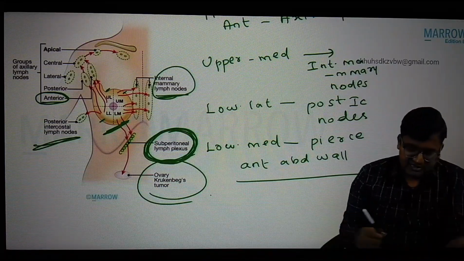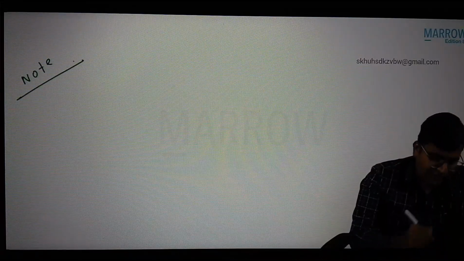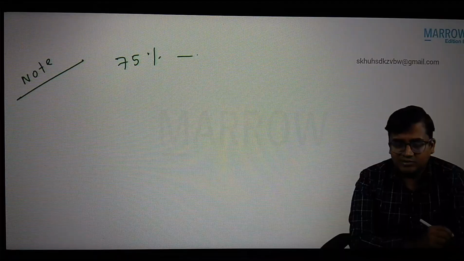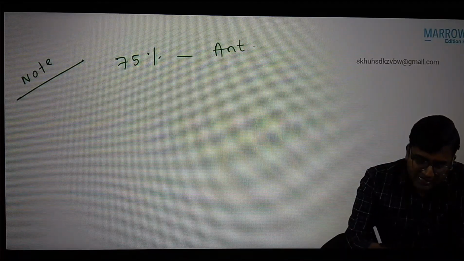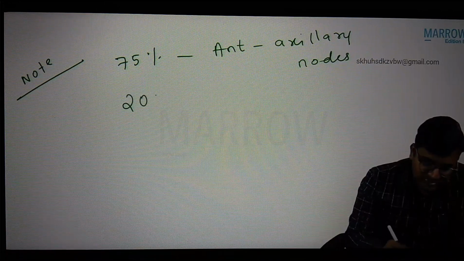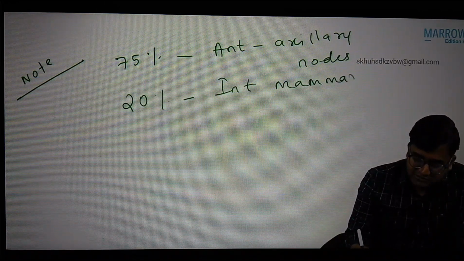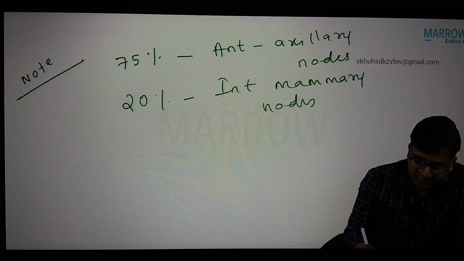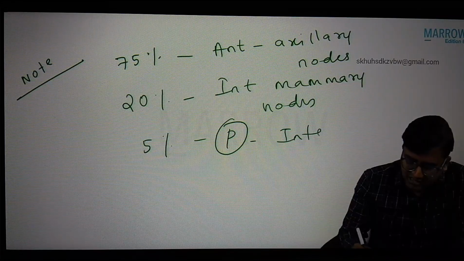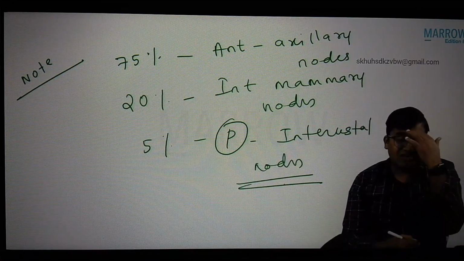Now, please write one last note. 75% of the lymphatics from the breast will go to the anterior group of axillary nodes. 20% will go to internal mammary nodes, or internal thoracic nodes. 5% will go to posterior intercostal nodes.